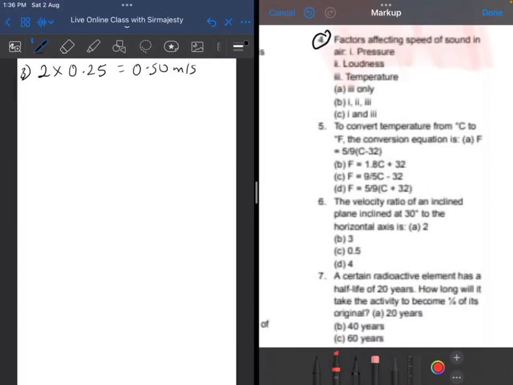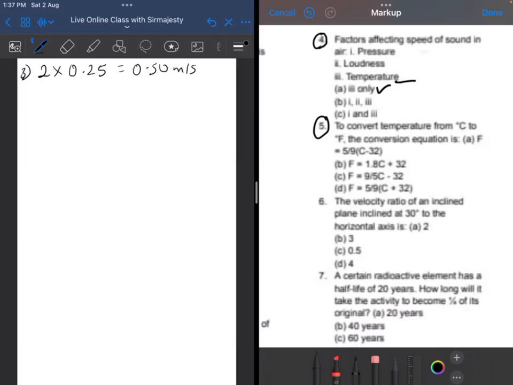What affects the speed is something like temperature. The higher the temperature, the higher the speed of sound. The higher the humidity, the higher the speed of sound. So therefore, our answer is temperature only. Humidity also affects it, but since humidity is not here, let's move over to number 5.